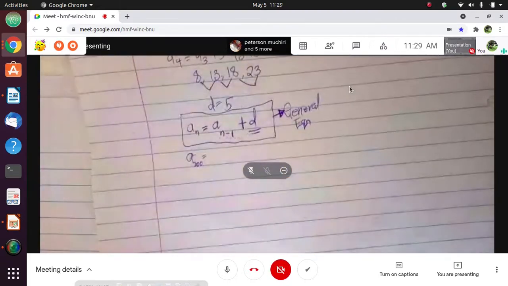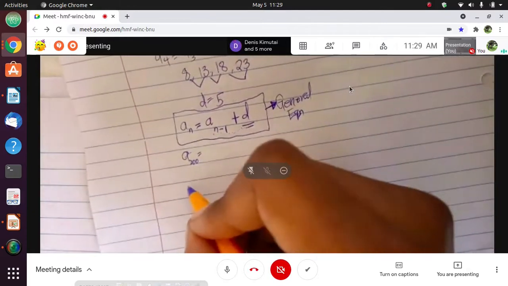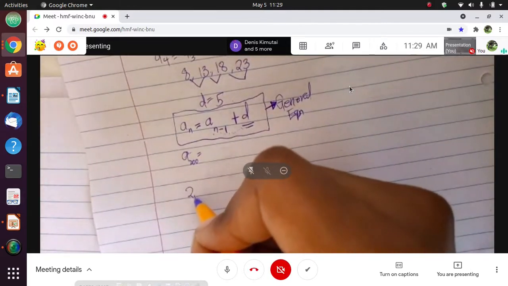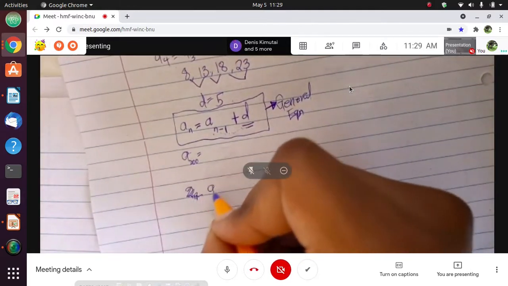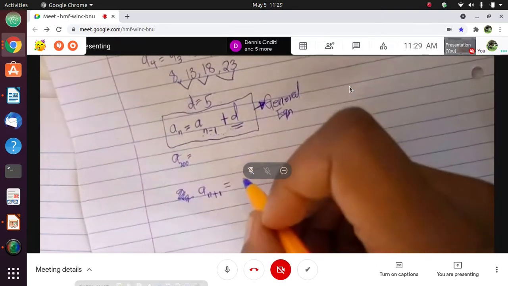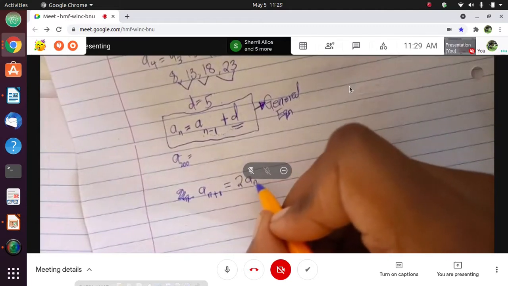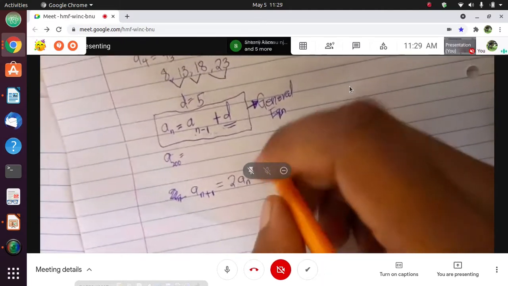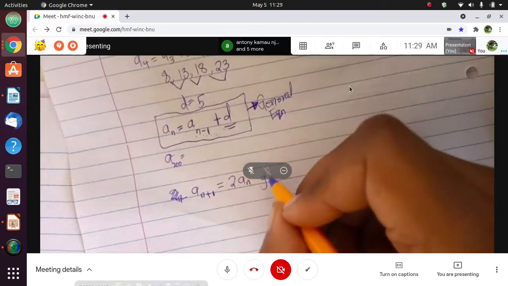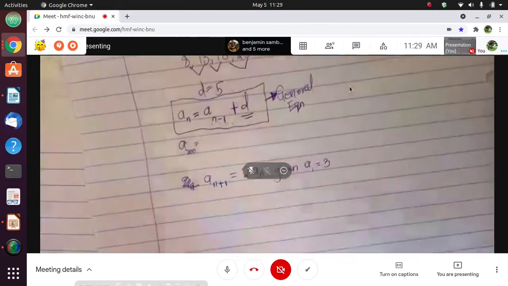Let us look at an example for a geometric progression. You're given this equation: an plus 1 is 2an, given that a1 is equal to 3.